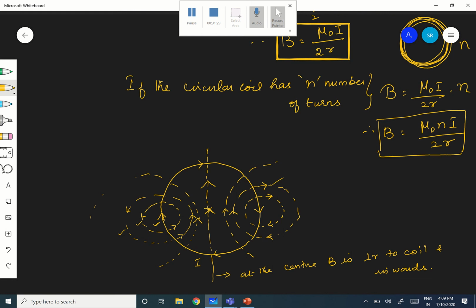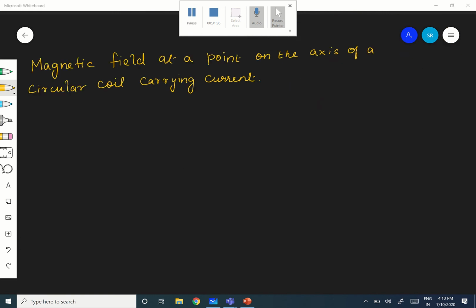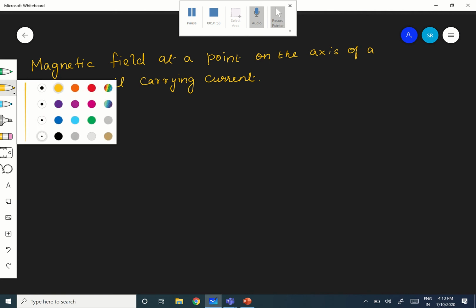Is it clear? Okay, so this is about the magnetic field at the center of the circular coil carrying current, right? Next is the magnetic field at a point on the axis of the circular coil carrying current. The first one, at the center, we have found out. Now we are going to find out the magnetic field on the axis of the circular coil carrying current.